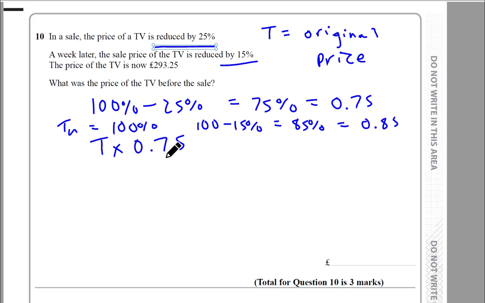So we've had T times 0.75 times 0.85 will equal the current new price of £293.25, and I'll just call that the new price.